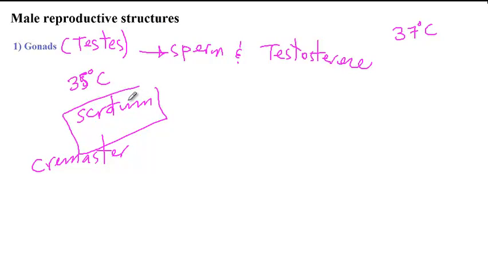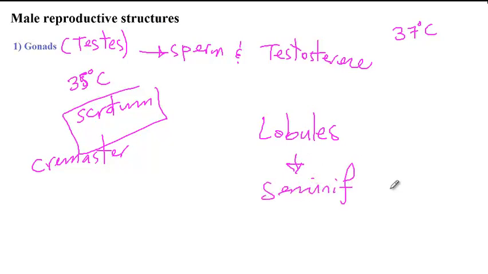Now, each testis is divided into a series of lobules, each of which contains a tightly packed seminiferous tubules, which are the site of sperm production.